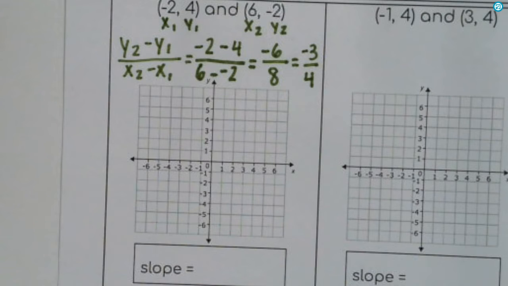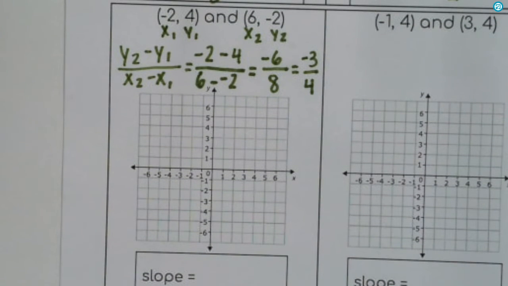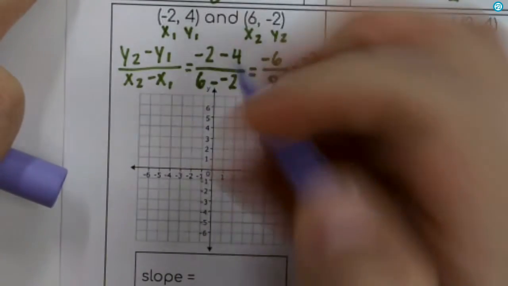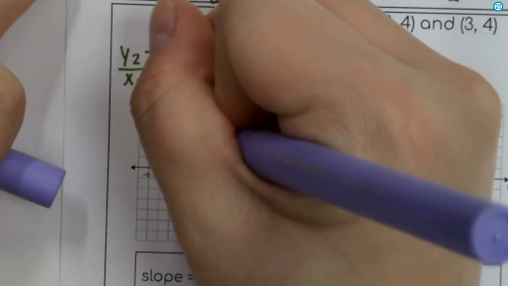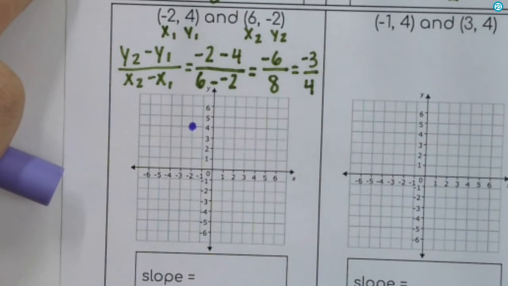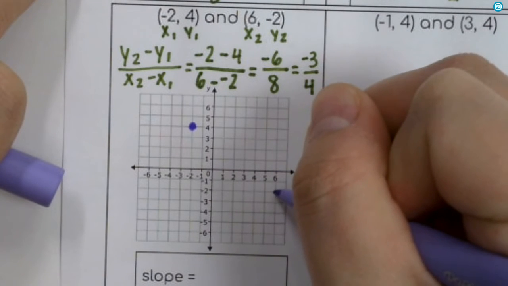Okay, so now we're going to put it on a graph. So how we would do it on a graph is we would graph those two ordered pairs. So negative 2, 4, we would go left 2, up 4, put a dot. And then 6, negative 2, we would go right 6, down 2, put a dot.